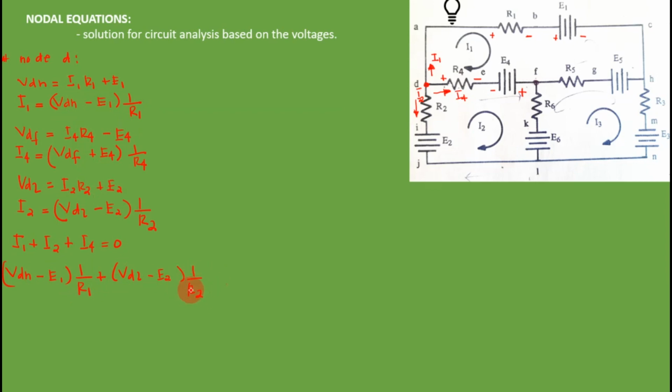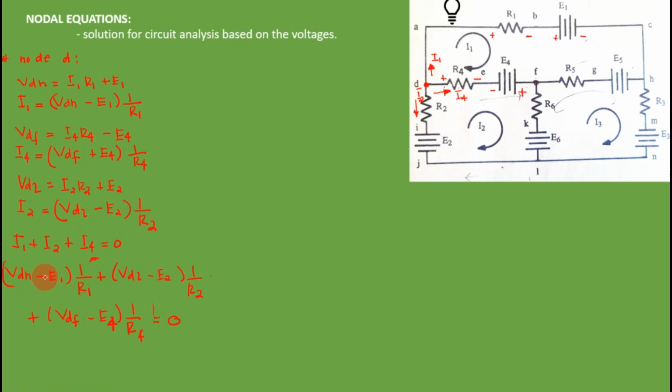So that's it. And then I'll just continue to write it here. Plus, for I4, V sub DF minus E sub 4, 1 over R4. This for I4, then equals 0. So that's it. This is the equation of currents at node D, but we use the voltages.